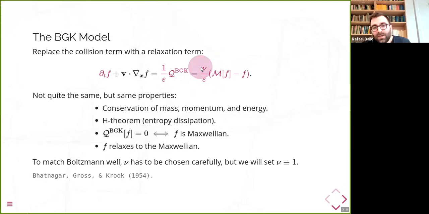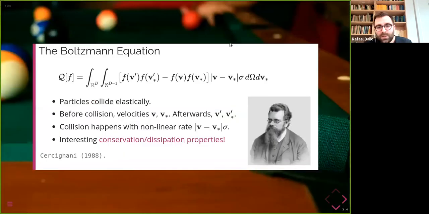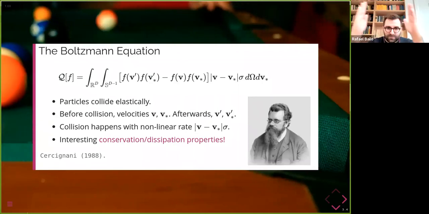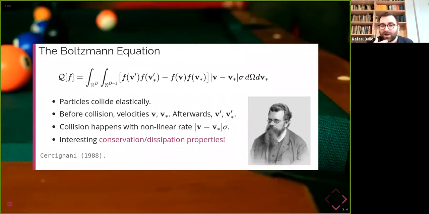This mu appears when you derive BGK from Boltzmann, which you do by assuming the distribution F is close to Maxwellian. So you go to your collision operator, you assume the post-collisional distribution is Maxwellian, you simplify things, and you end up with this Maxwellian minus F plus a big integral in front, and this integral is what we are calling mu.